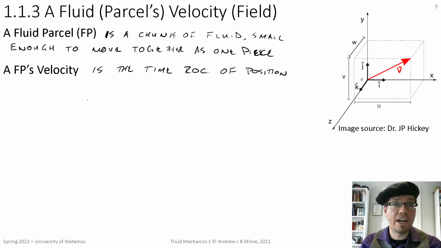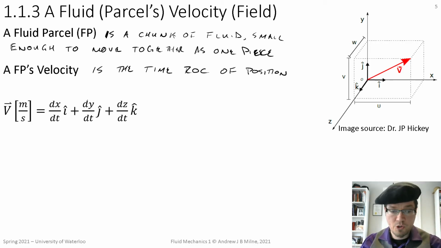So it's the rate of change of position with respect to time. So it's the usual definition. Velocity, units of meters per second or length per time, is the rate of change of x position, y position, and z position. It's a 3-component vector. All of the things you've learned from dynamics already.